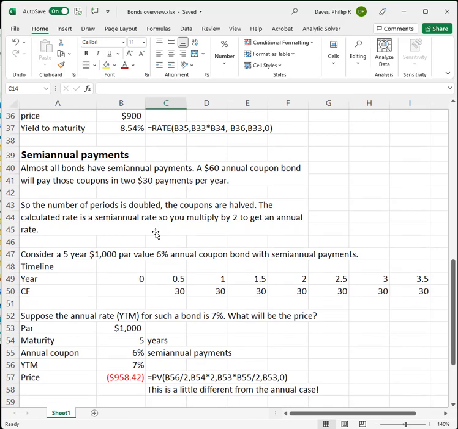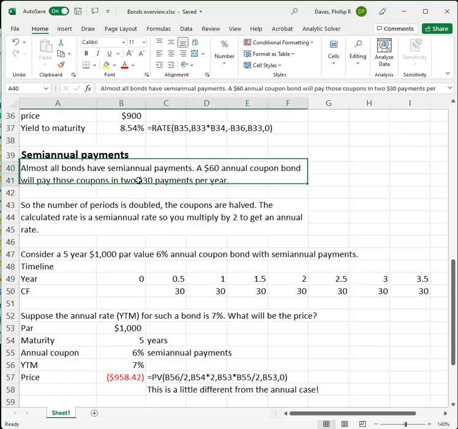All right, now let's talk about semi-annual payments. Most bonds don't make payments once a year. They actually make payments twice a year. And so they're called semi-annual payment bonds, and that leads to a little bit of confusion among students about what they look like. So a $60 annual coupon bond is going to pay those coupons in two $30 payments a year, every 6 months.